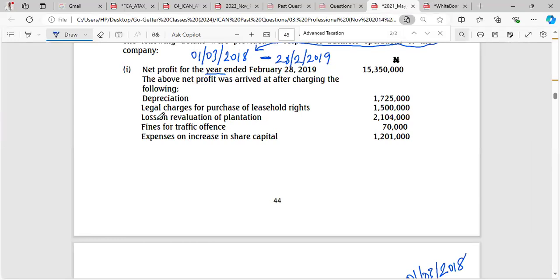We have loss on revaluation of plantation. The loss was deducted. We are adding it back. Loss on revaluation, 2,104,000.